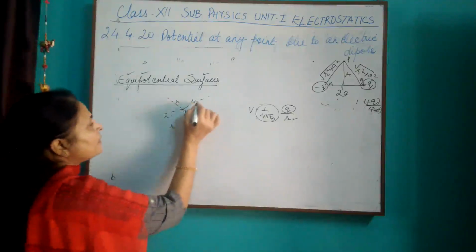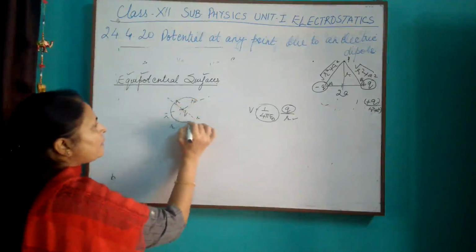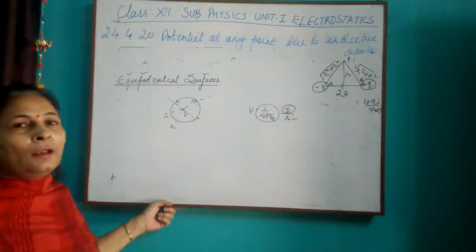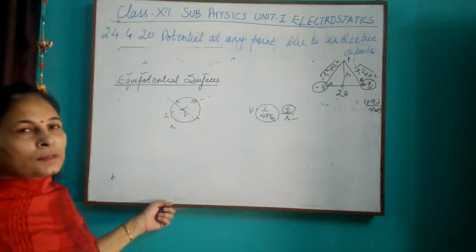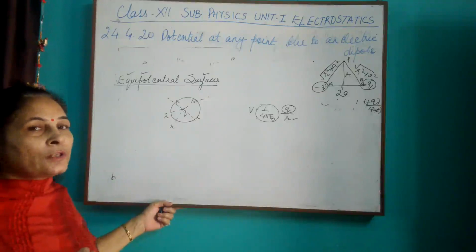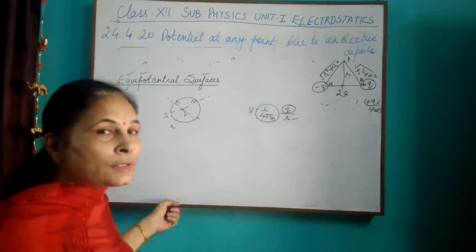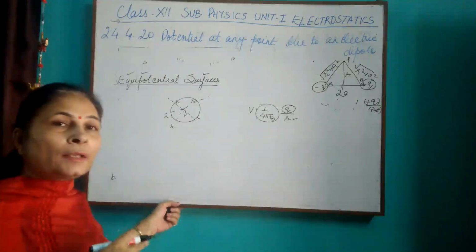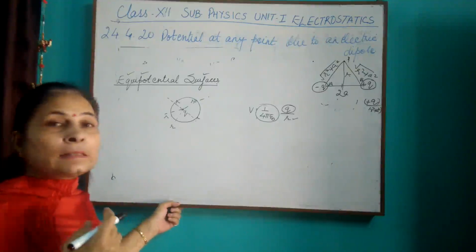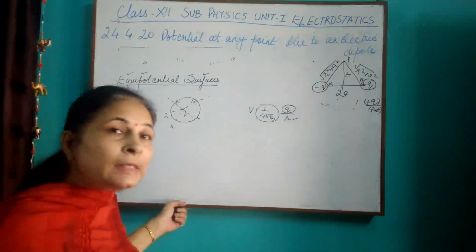That means a sphere around the charge will give me an equipotential surface. Like we have made a Gaussian surface where magnitude of electric field was same, you'll also get it in similar manner. Here, since it is a scalar quantity, the value will be same.